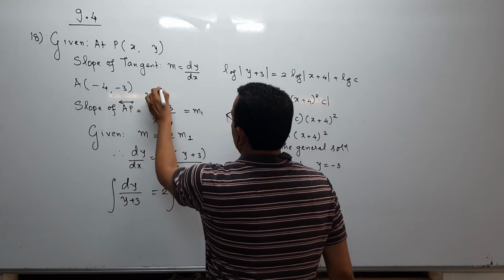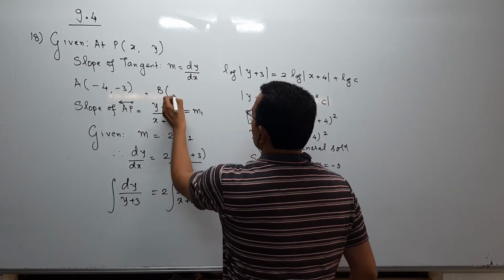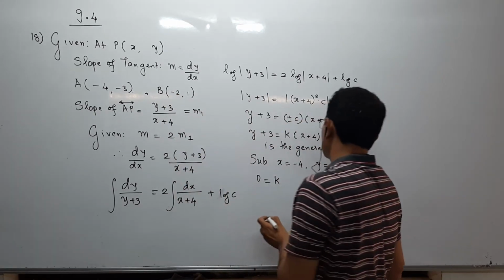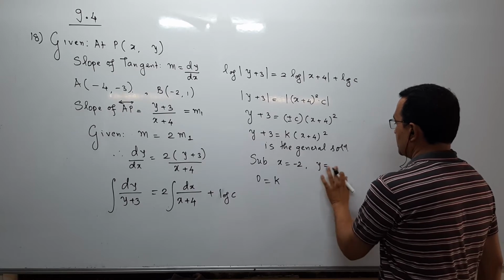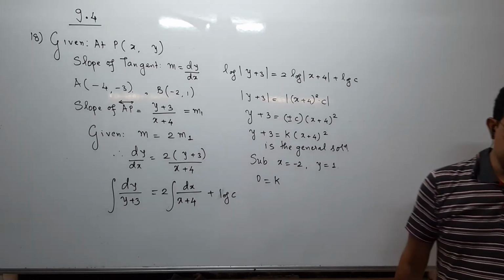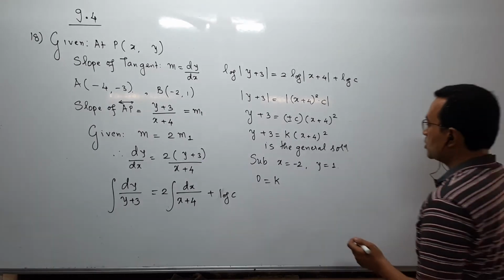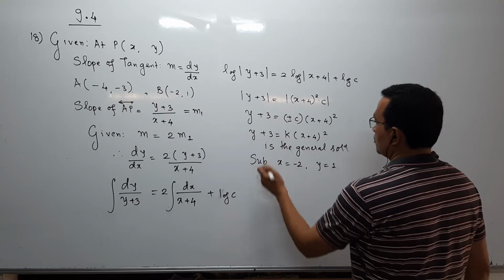Sorry students, the curve is passing through the point B, minus 2, 1. So we have to substitute x is equal to minus 2 and y is equal to 1. Sorry, this was the point for line segment, students. Okay, so substituting students, x is equal to minus 2, y is equal to 1.